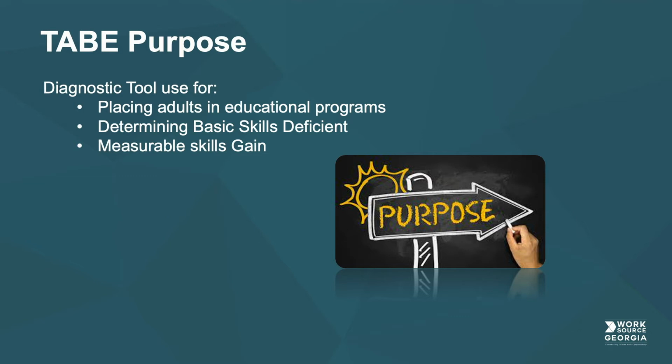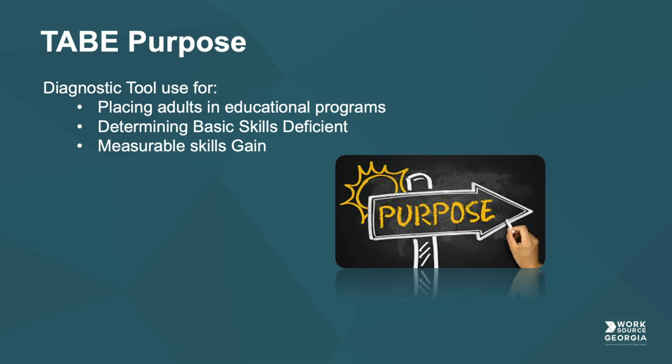In other words, we use TABE to determine if an individual is basic skills deficient. An individual is considered basic skills deficient if the person is reading or writing English or computing or solving problems at or below an 8.9 grade level. This score is determined after the administration of a TABE test.